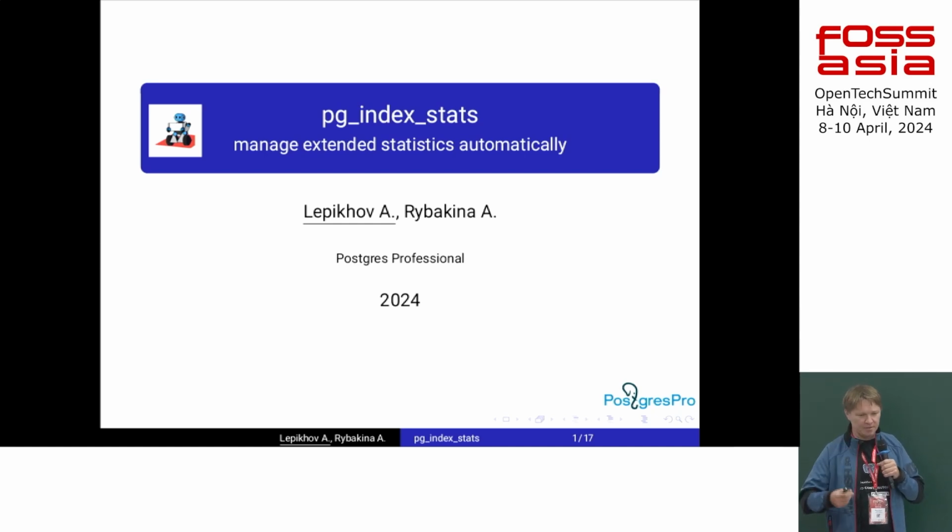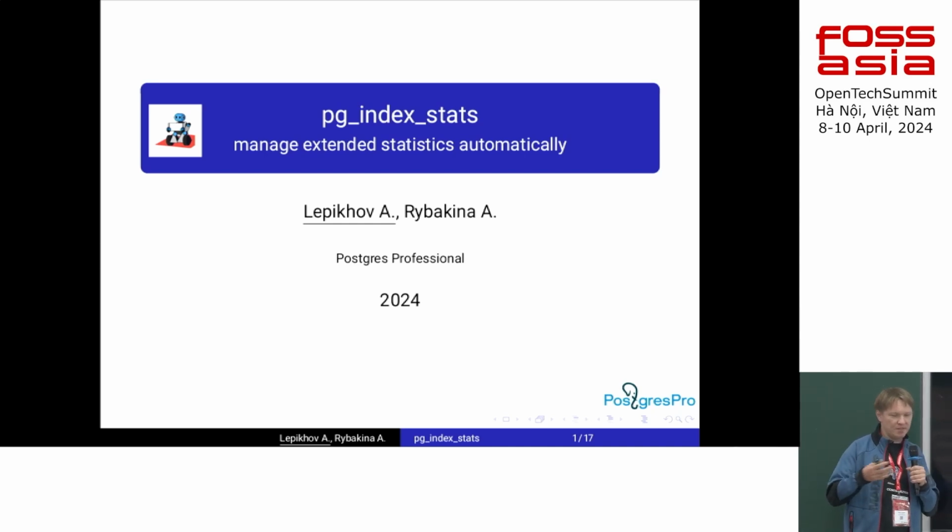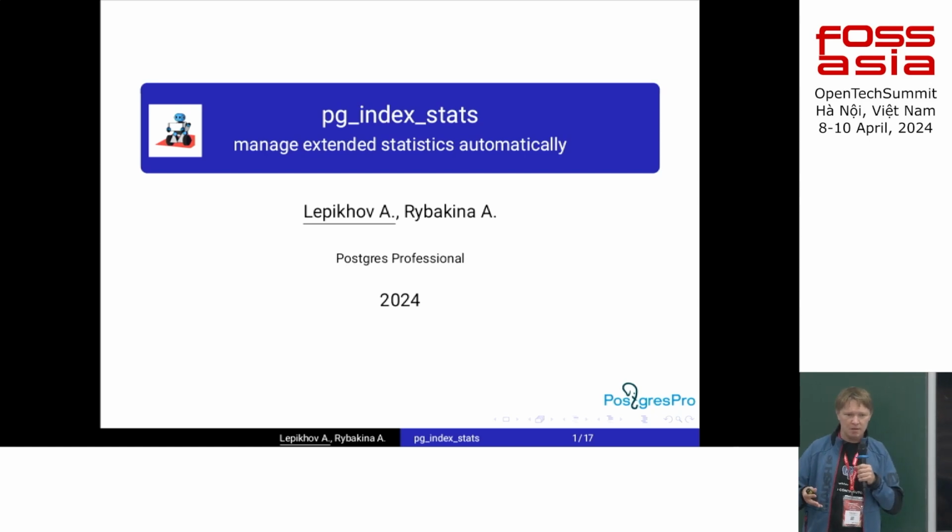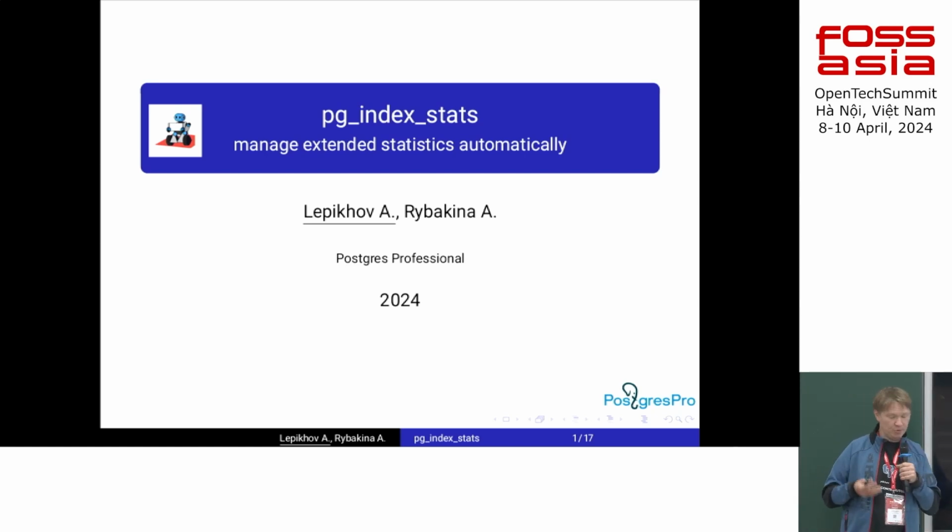Introduced in Postgres 12, it still rarely works in real installations, as I see, because people are at first afraid of overheads because they don't know how difficult it would be for vacuum, and the second reason is because they don't know on which set of expressions or columns to create extended statistics, and our solution tries to resolve both of these problems in some way.